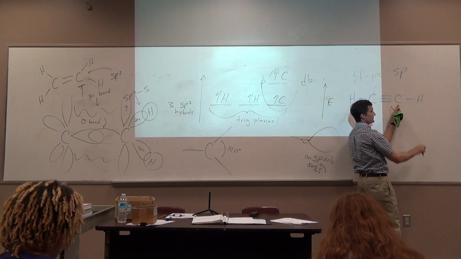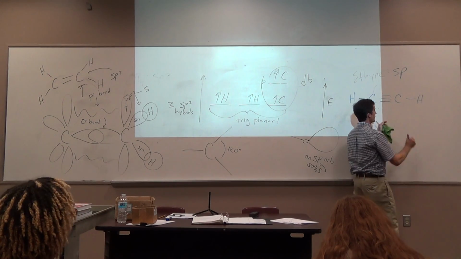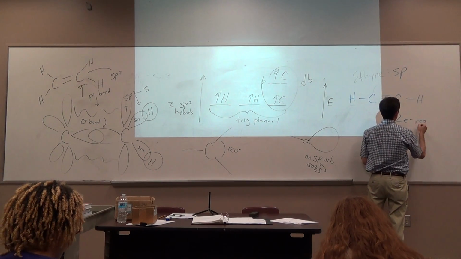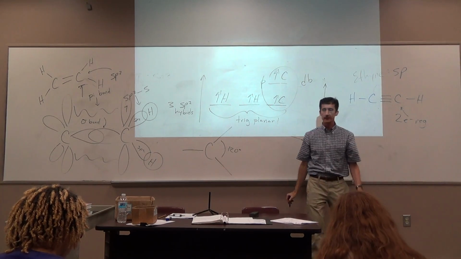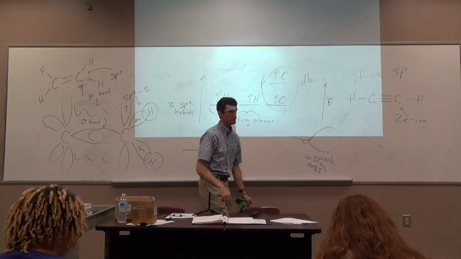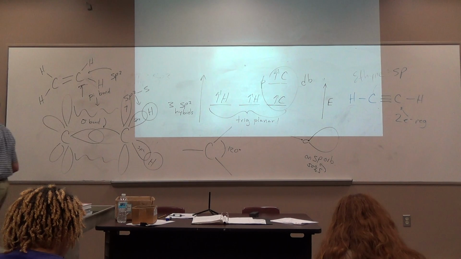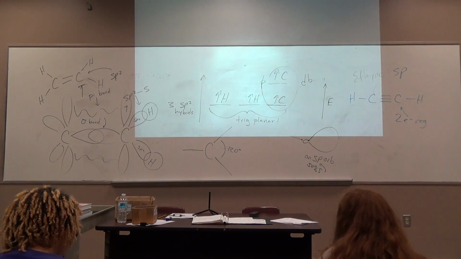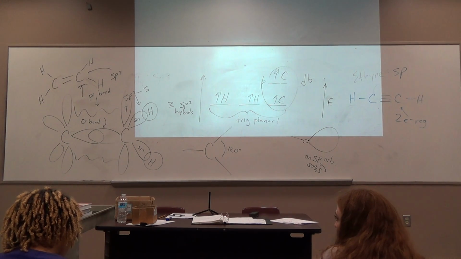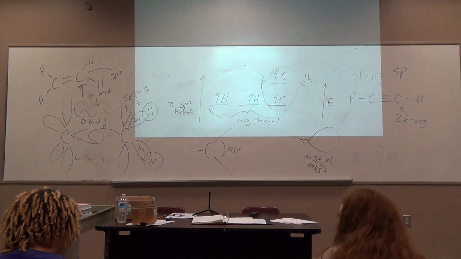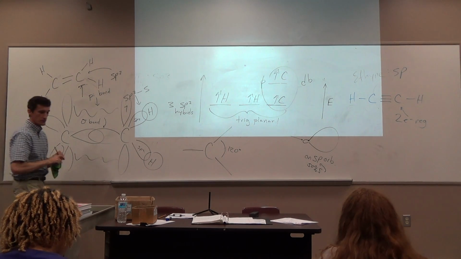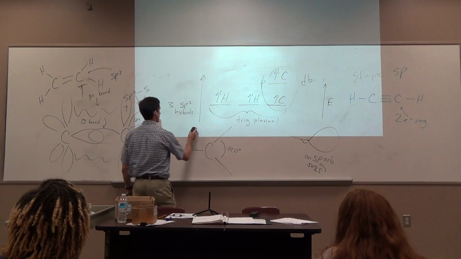Let's look at this one. How many electron regions around it? Two. Two electron regions. So how many hybrids do we need? Two. So how many do you want to put in the blender? Two. Which ones? S and only one p. Let's blend these up. And if we put two in, how many are we going to pull out?